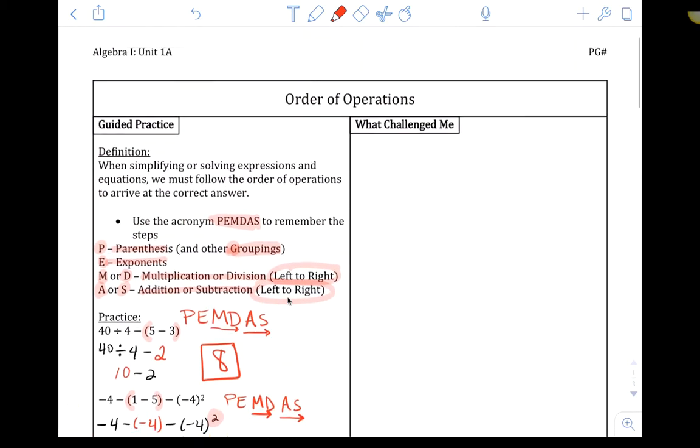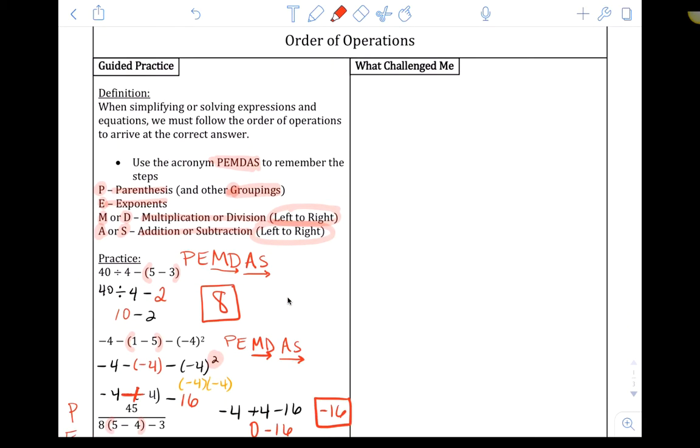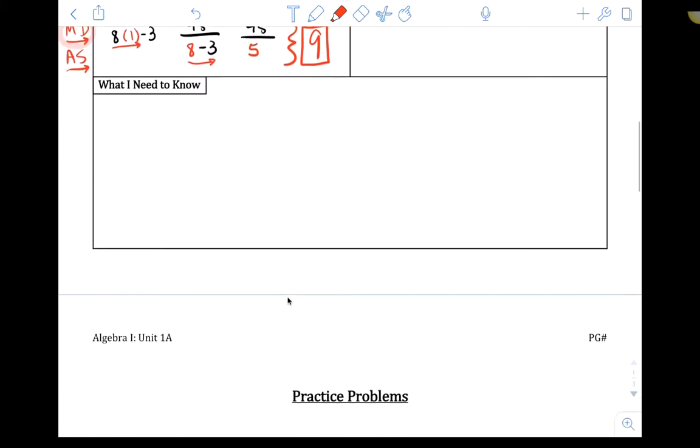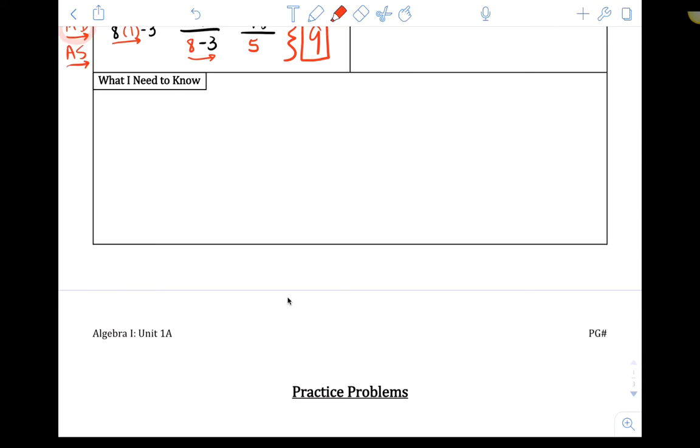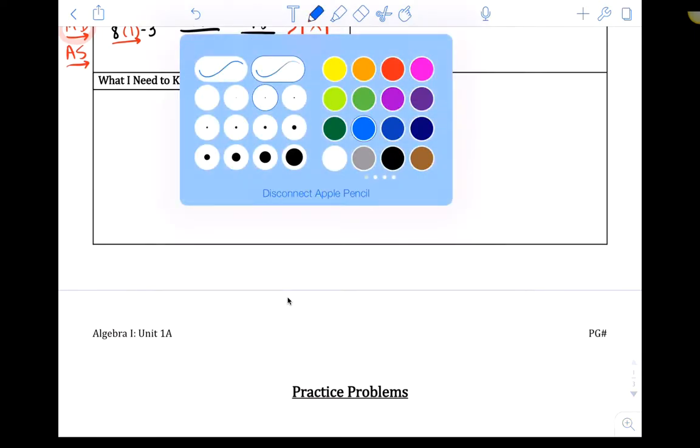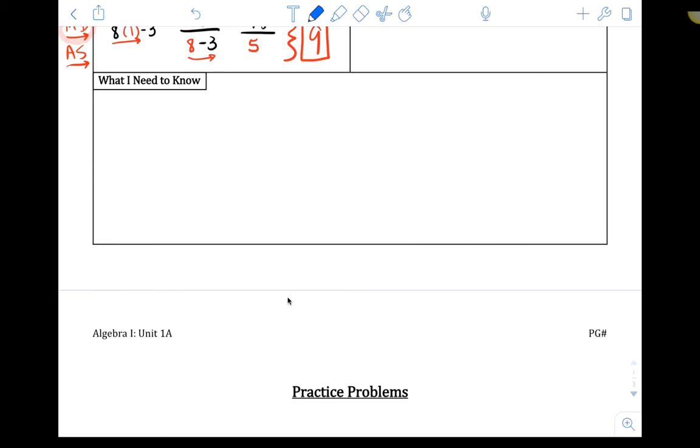So in your challenged part, like what challenged you, we'll come back to that maybe as a class. We'll do a warm-up there if I haven't talked about it yet. And in this spot, in the what I need to know, I would like you guys to write at least 3 things that you could tell somebody that you have to know about this lesson.